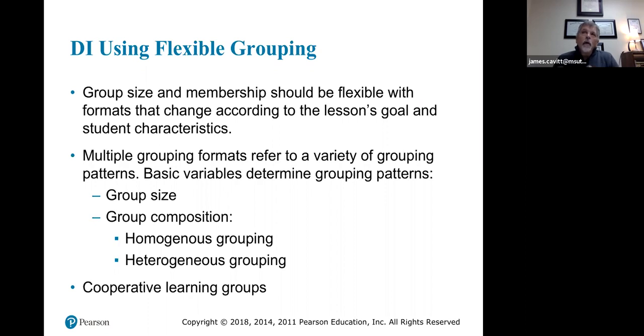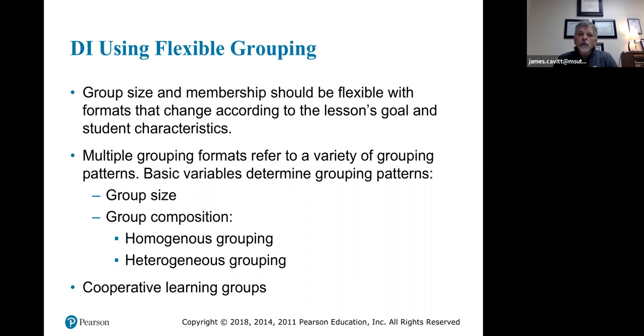I like multiple groups of multiple levels rather than it all being one level. You have somebody that's advanced, somebody that's struggling, somebody that's middle of the road. Really be very strategic in the way you set up your groups.